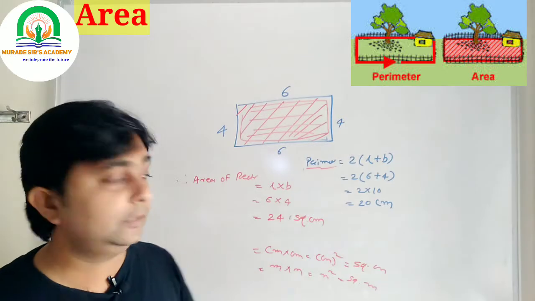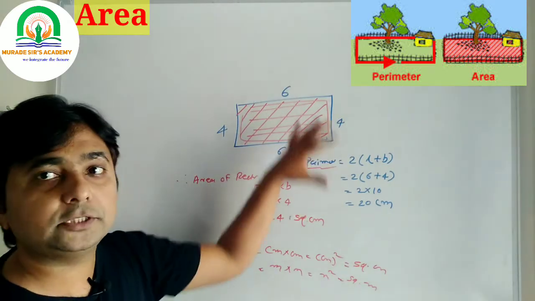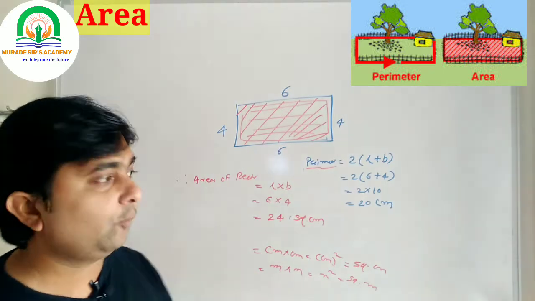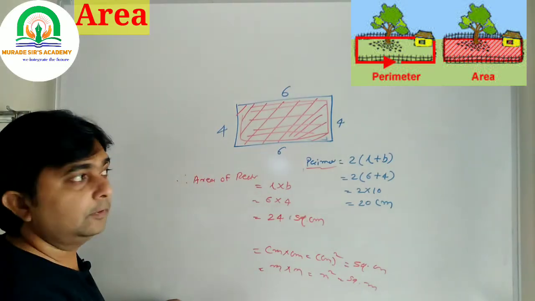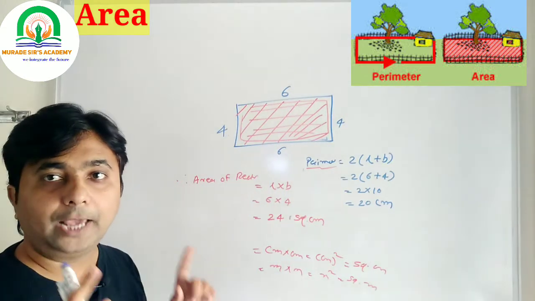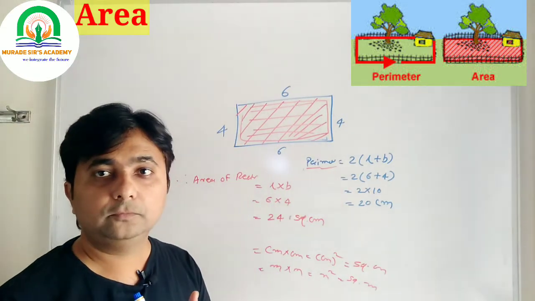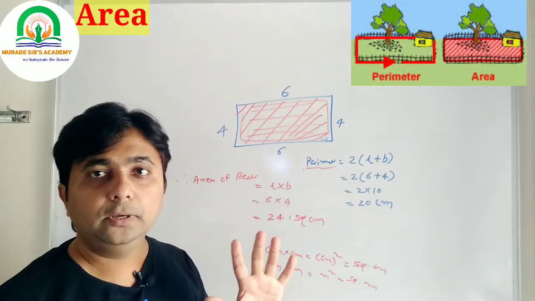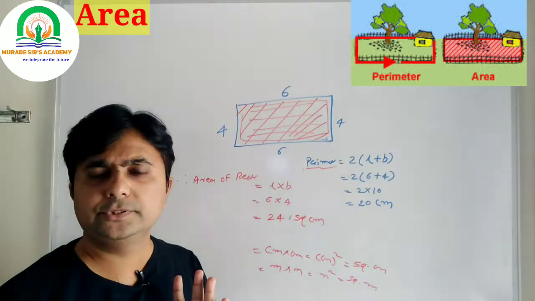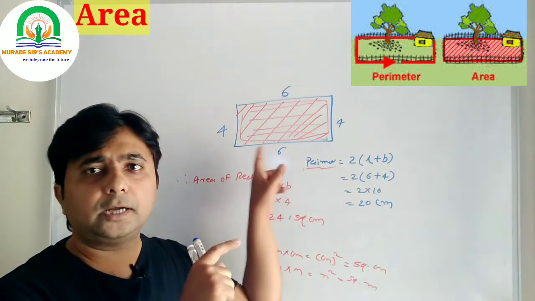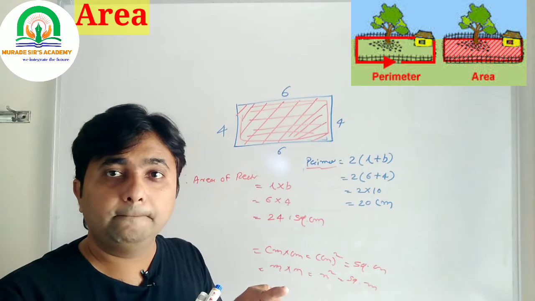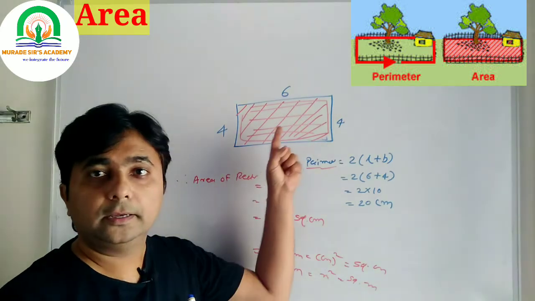Then I will calculate the area of the whiteboard. If I need only this side strip, then I will calculate the perimeter. Perimeter is like a compound wall. Just remember, this is the compound and the area covered by the compound is the area.